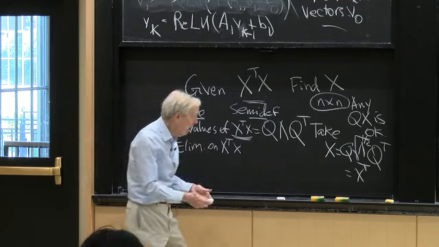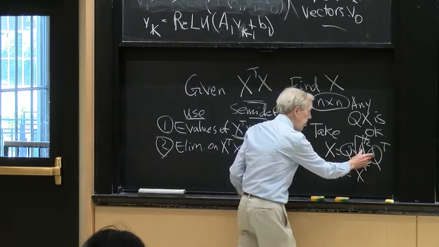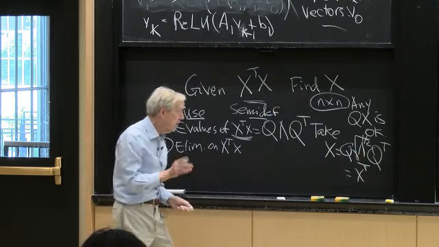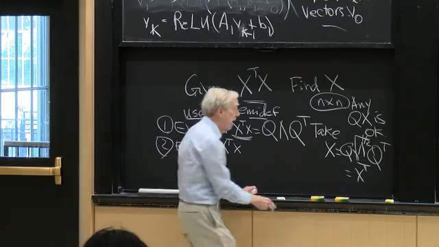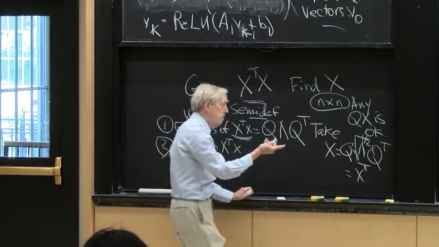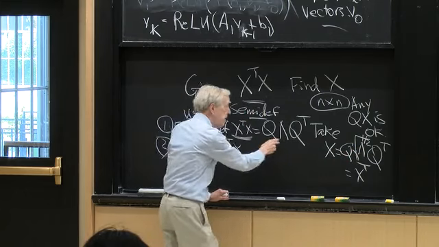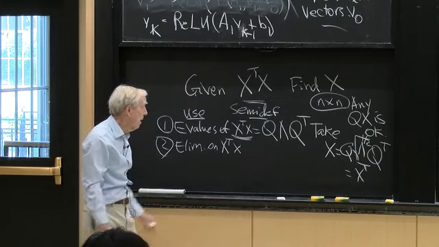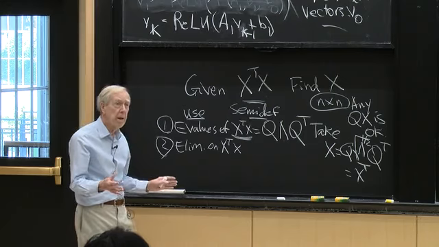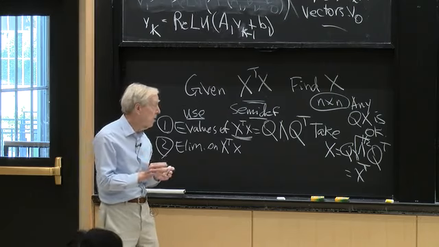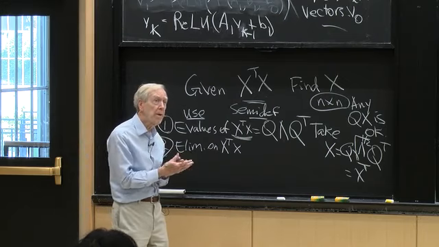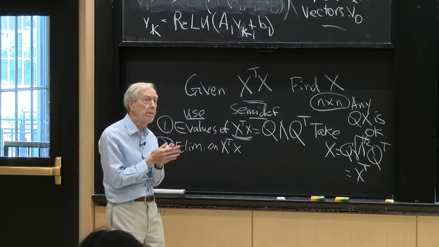When I square it, the Q transpose Q multiplies to give the identity. The square root of lambda times the square root of lambda, those diagonal matrices, give lambda, and I get the right answer. So in a few words, take the square roots of the eigenvalues and keep the eigenvectors.